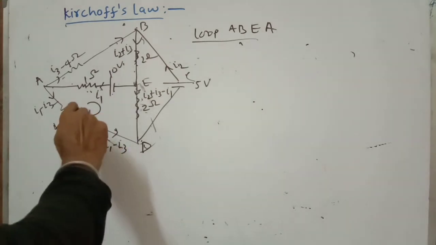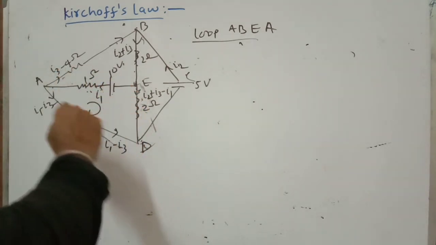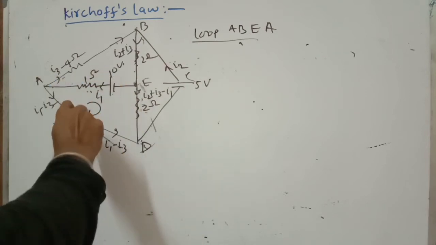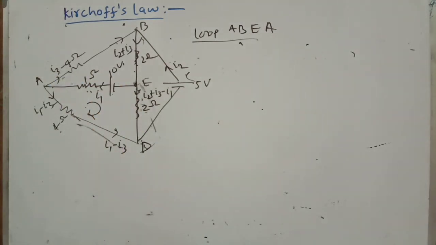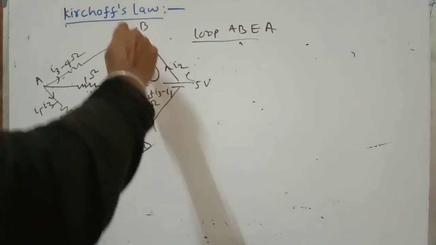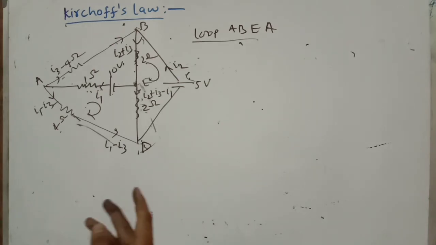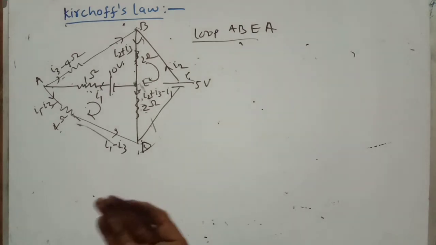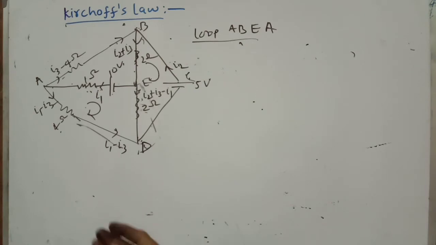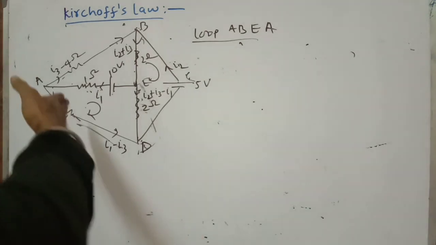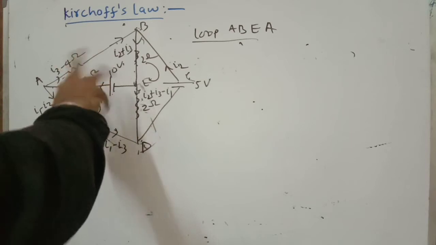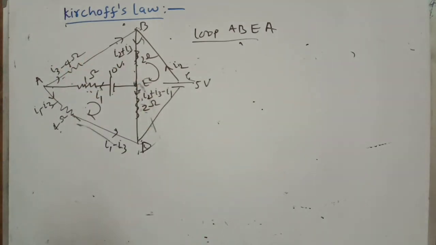Similarly, you can also find the summation of all potential in this loop B, C, D, B is also 0. Write all the equations and there become 3 equations in terms of I1, I2, I3 variables. You can solve simultaneously, you will get I1, I2, I3 and then you will get the current in every branch of the circuit.